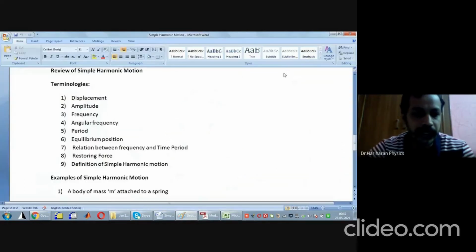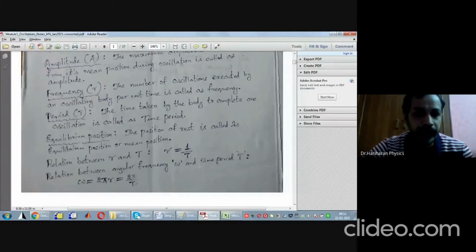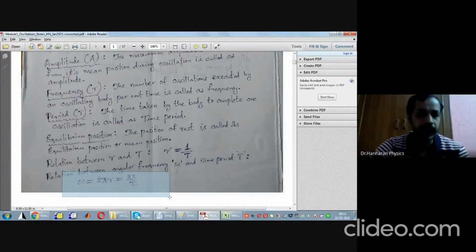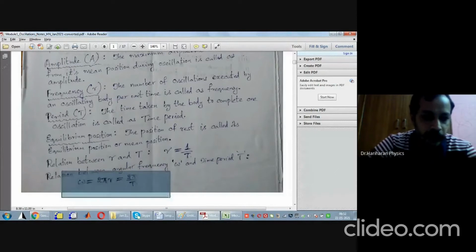And what is that connection given by? Can you see in my notes? Omega is equal to 2 pi times nu. What is the relationship that connects angular frequency and linear frequency? Omega is equal to 2 pi times nu. How does this follow?